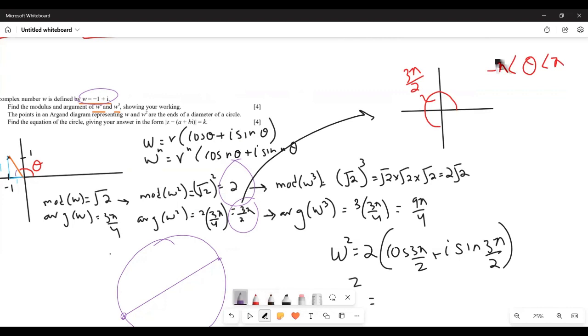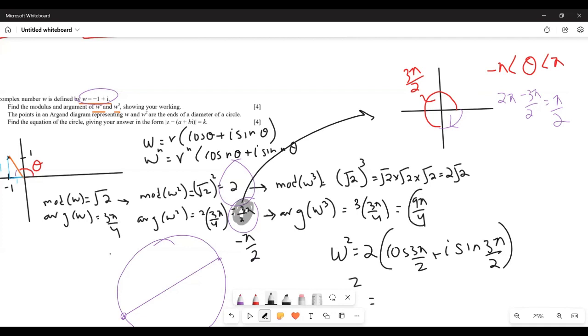So we must just consider this angle, which is 2 pi minus 3 pi by 2, which is just 90, which is pi by 2. So the argument is negative pi by 2. Instead of this, you write 90 degrees, or in fact, negative 90 degrees. So minus pi by 2 is the first one.